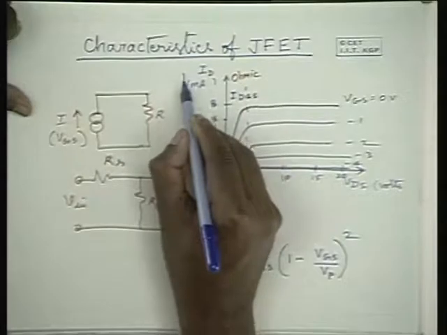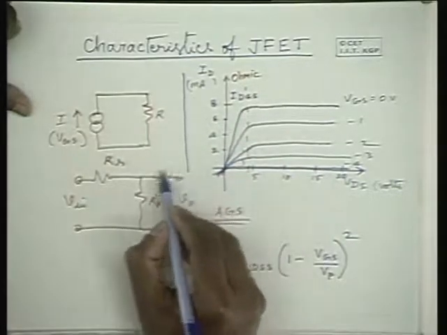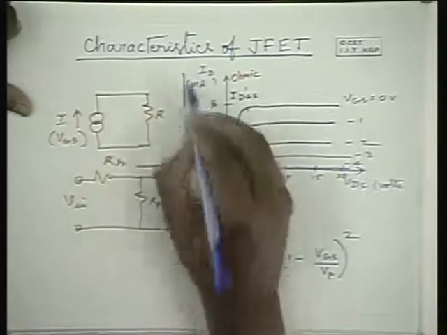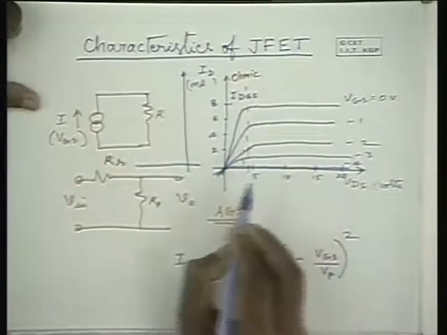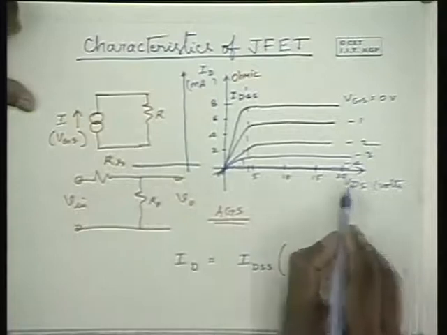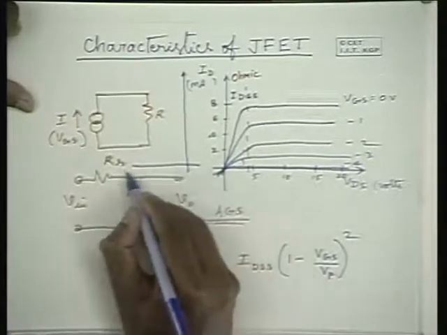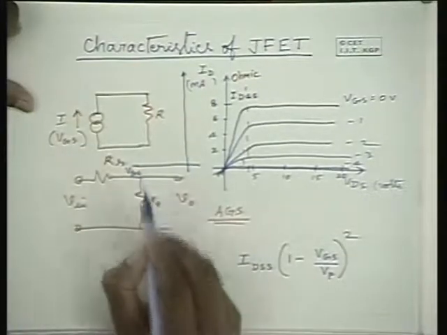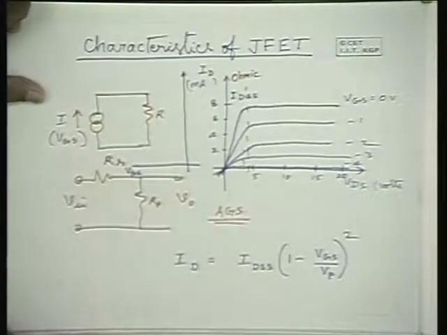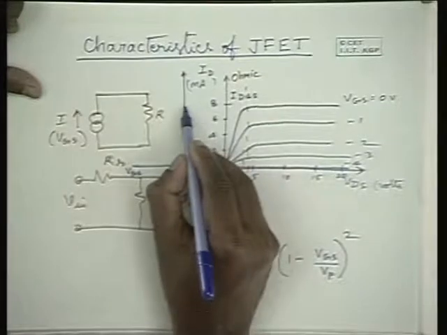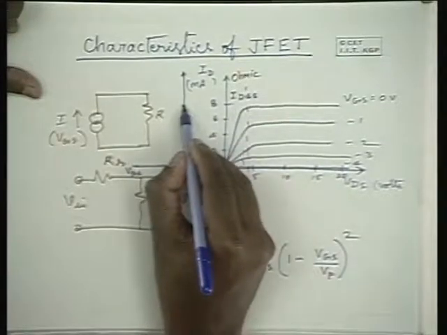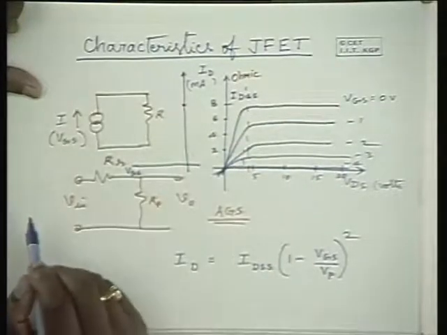Let me plot this ID versus VGS plot here itself, with the y-axis remaining as ID, and the x-axis instead of VDS, now I will represent VGS over here. When VGS is 0, ID is equal to IDSS, this is the point.